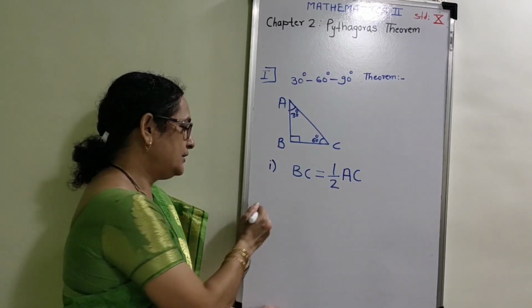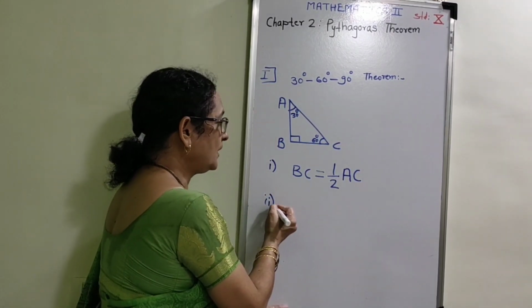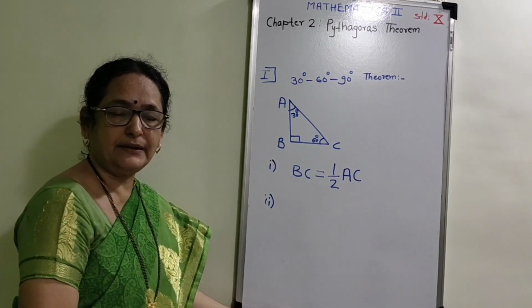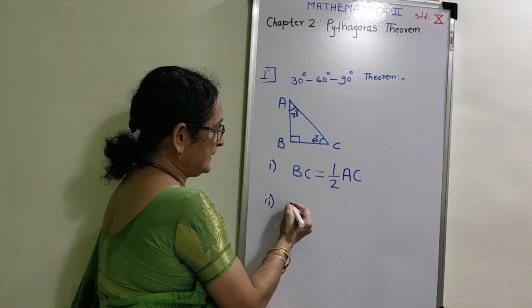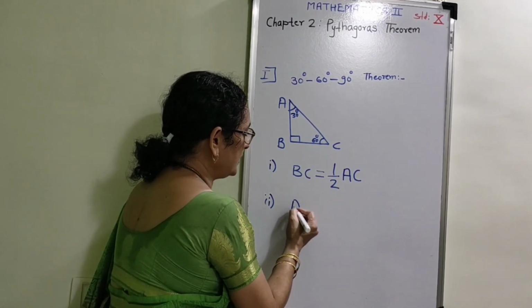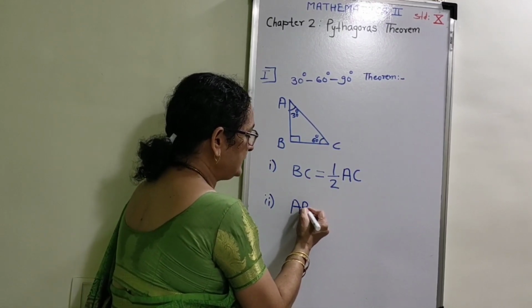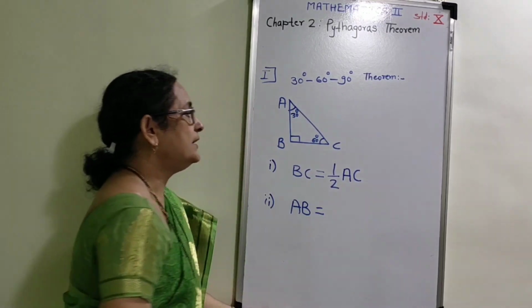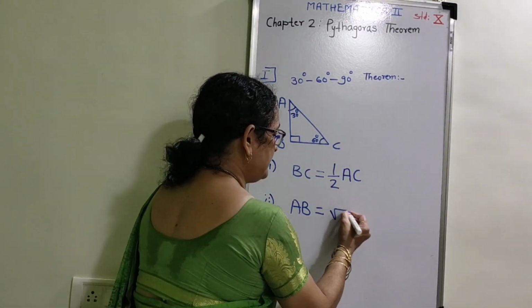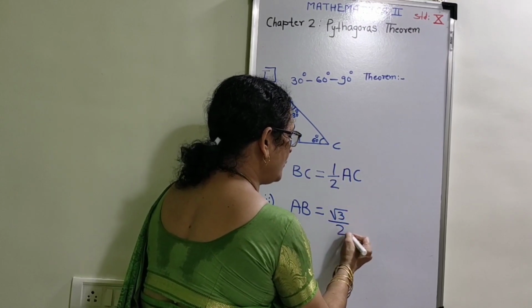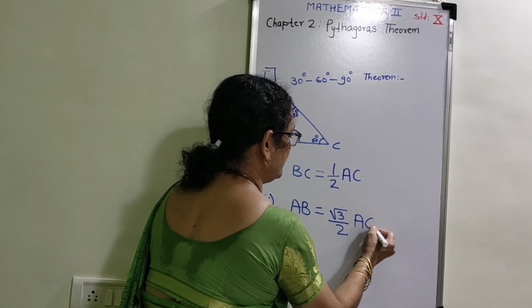5 units. Now second thing, you can also determine the length of the segment which is opposite to the angle 60 degree. Now here observe, side AB is opposite to 60 degree. Now here side AB is equal to root 3 upon 2 times the hypotenuse.